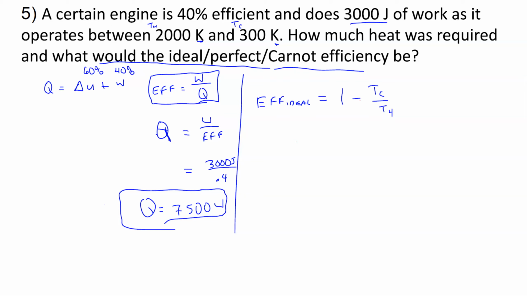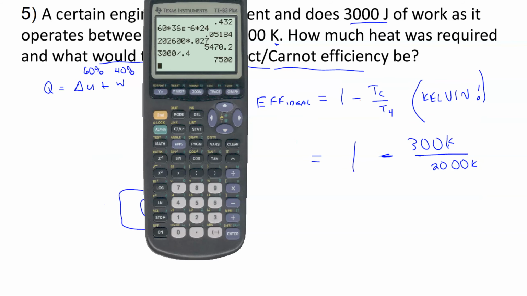So that's why these numbers are in there. And those do have to be in Kelvin, so be careful there. But here we're okay. And we could just come in and say 1 minus 300 K over 2000 K. And this will give us the best possible number that we could ever get out of this machine.